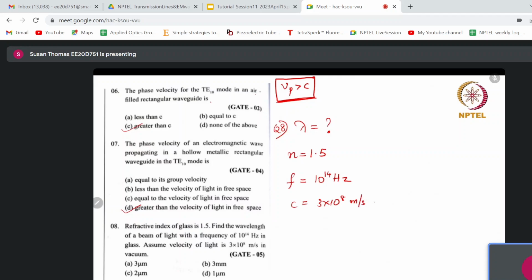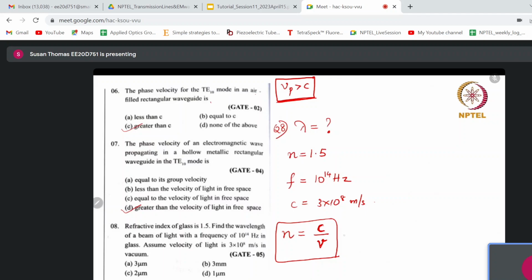Okay, now how to find out the wavelength? So when we say refractive index n, this is c by v, where c is the velocity of light in free space and v is the velocity of light in the medium. So this refractive index is a ratio of c to v.